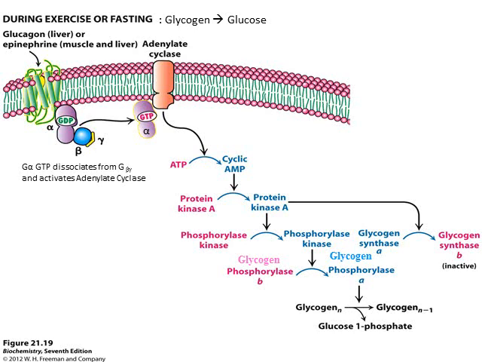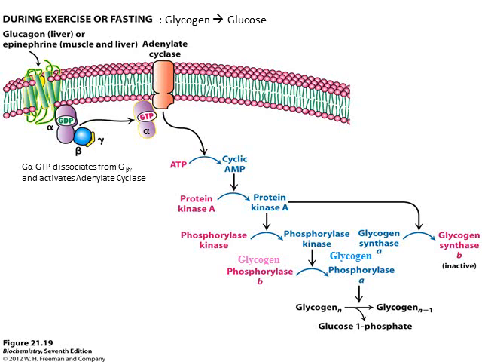So what happens is when the hormone binds to the receptor coupled to G protein, alpha exchanges its GDP with a GTP and becomes activated and activates the adenylate cyclase enzyme. This enzyme hydrolyzes ATP into cyclic AMP.